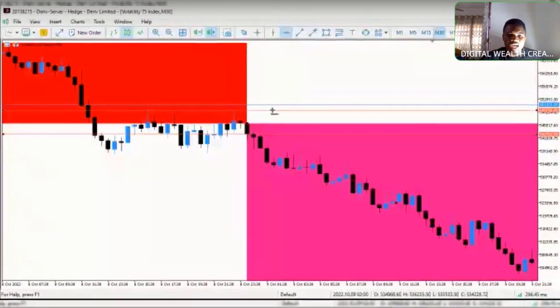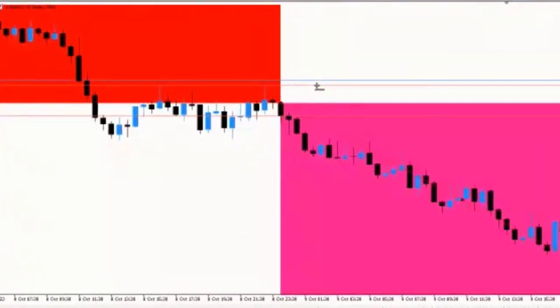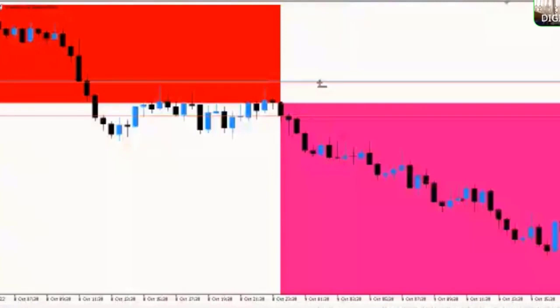But in most cases, what I do is I set my stop loss at 50% of the previous candle. So let's say this candle closed like this. I'll mark 50% of it, and when I get to the top of it, I'll measure another 50%, then put it over there. So my stop loss might be somewhere here at the top.